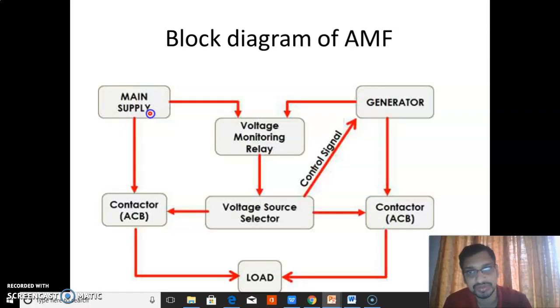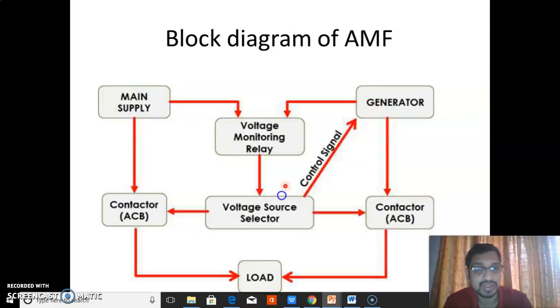Whenever the voltage value drops to 0, that means an interruption has occurred. The voltage monitoring relay activates the voltage source selector, which sends a control signal to turn on the generator.